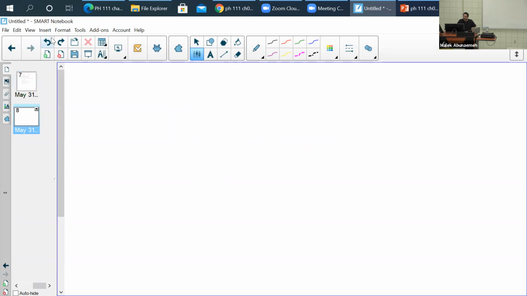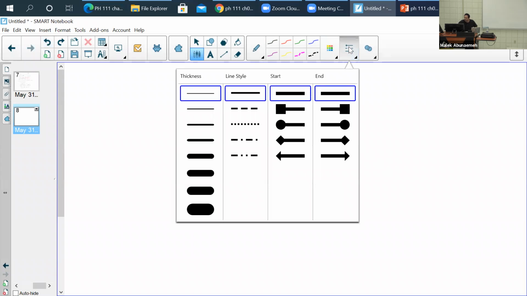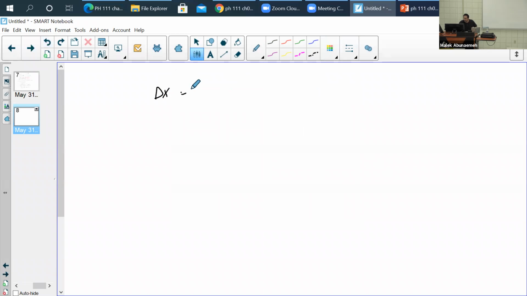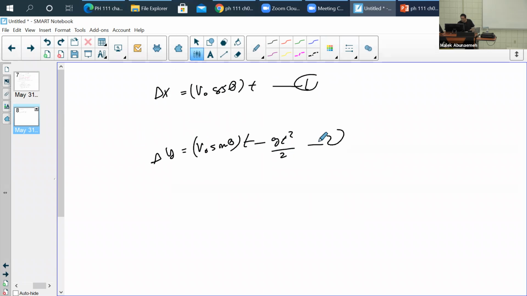Now, let me get a new page over here. We said that your delta x, which is going to be your v naught cosine theta times t, was equation 1. And equation 2 was your delta y equals v naught sine theta times t minus g t squared over 2.